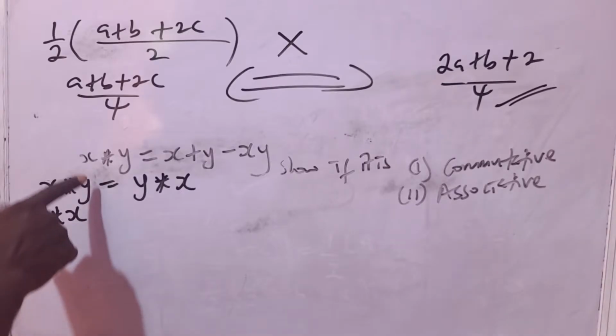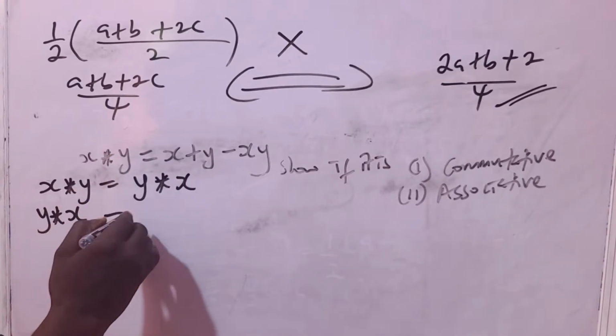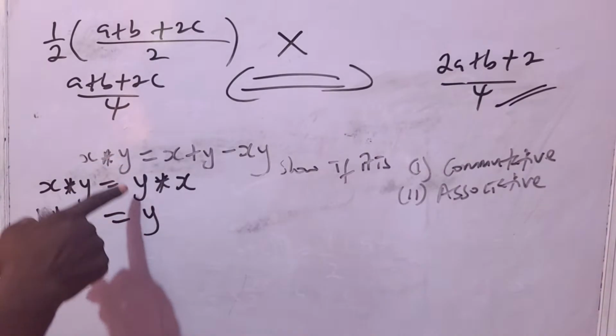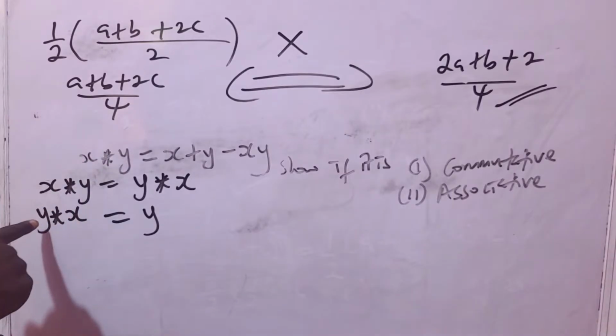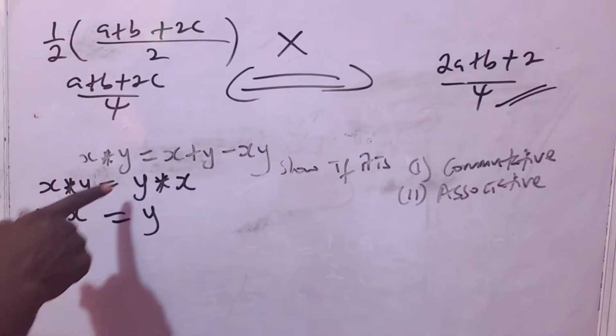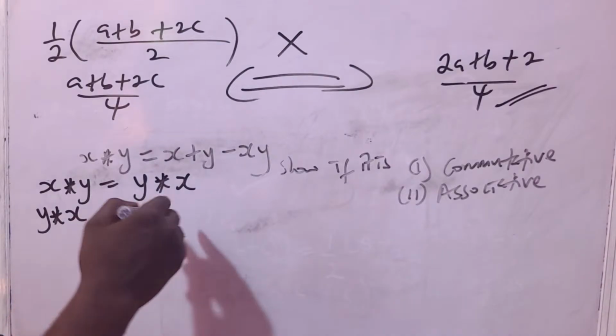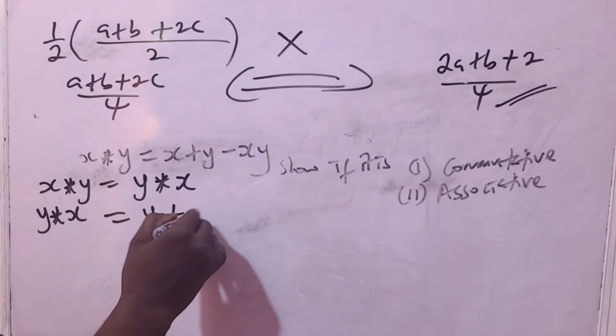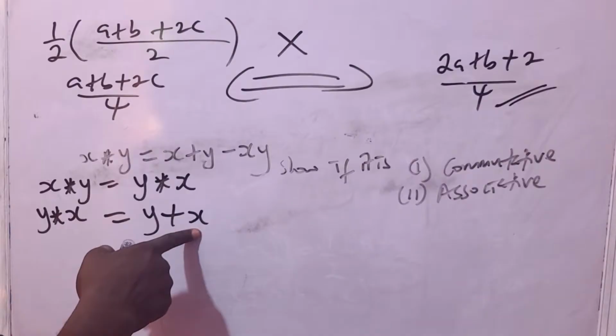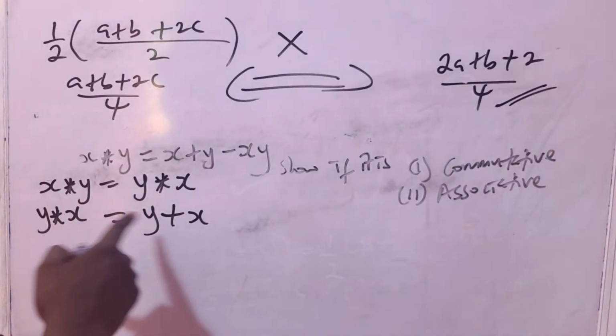This is first and second. Y star x will be equals to y. The first now is y, not x. The first is y. The second is x. So that will be y plus x. X is the second here. Alright? I'm sure you understand what's going on.